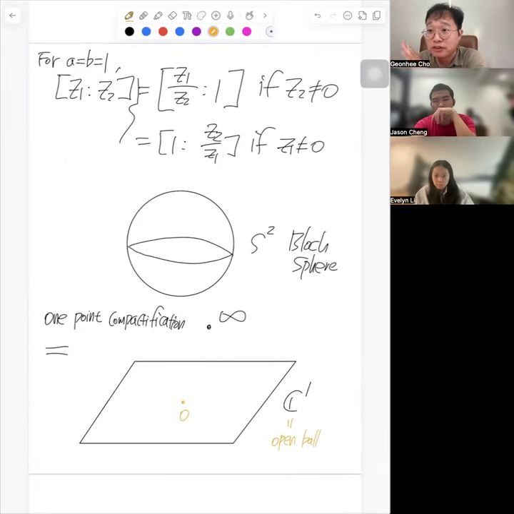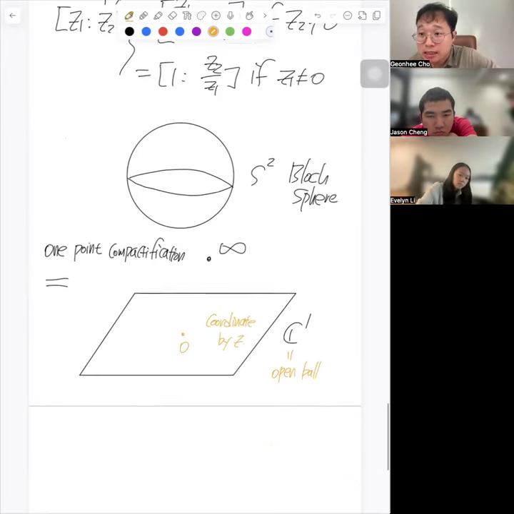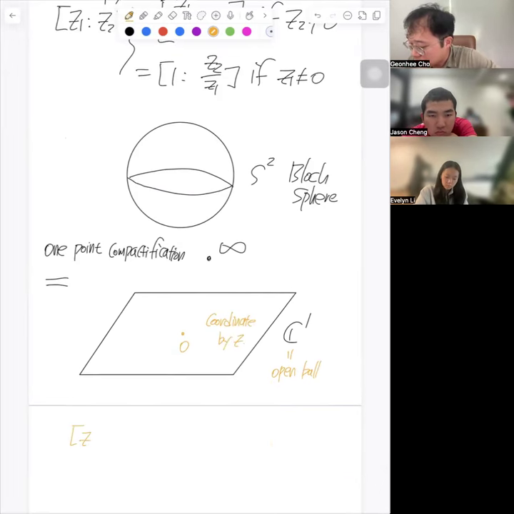So it's a smooth manifold, and you take the coordinate by Z. You start from Z equals [Z : 1]. And now you'd like to add the point at infinity. So you know this, and you make this. This is called the Riemann sphere.